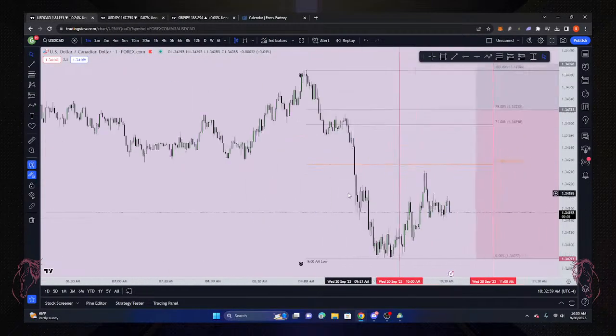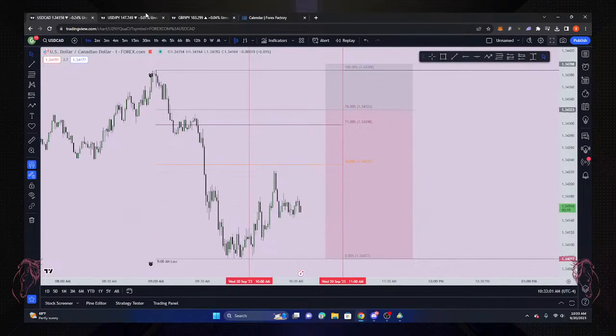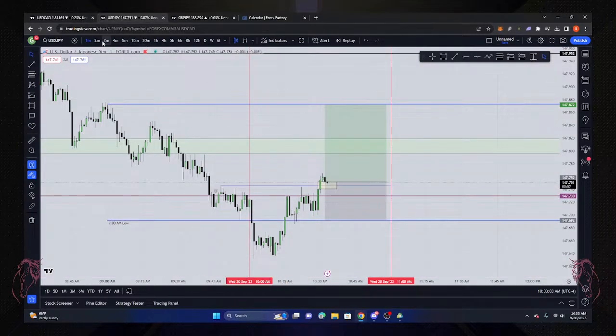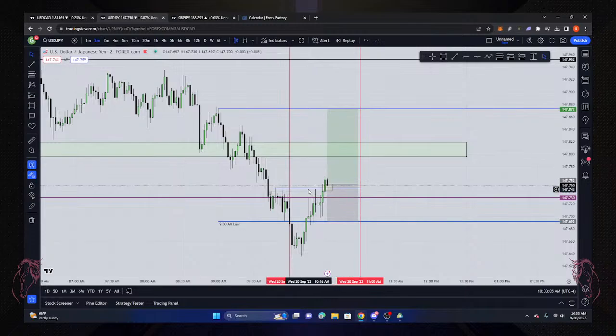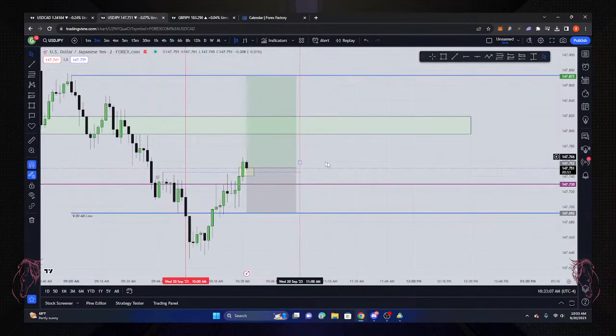Okay, USDCAD, nothing yet. GJ or UJ, let's see how the 2-minute candle closes.